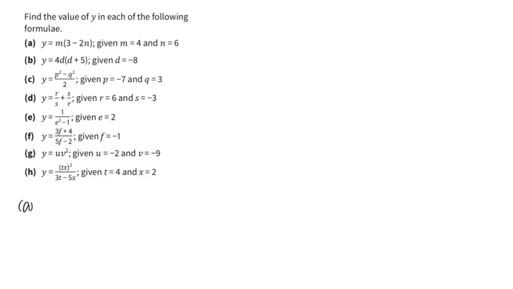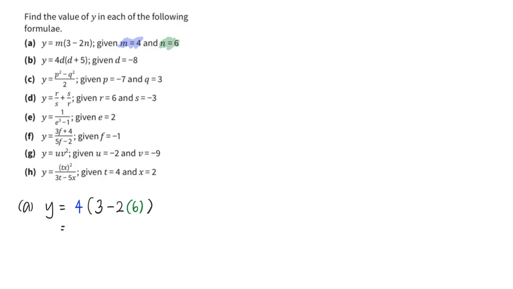y is equal to m, and they give us the value of m, which is 4. So 4 times (3 minus 2 times 6), and they also give us the value of n, in this case 6.